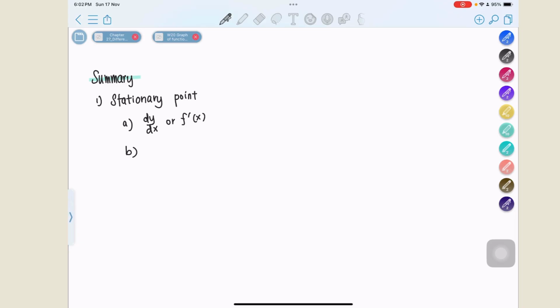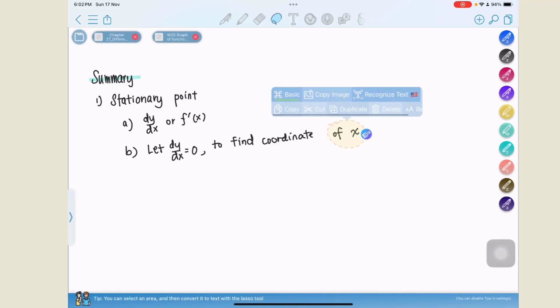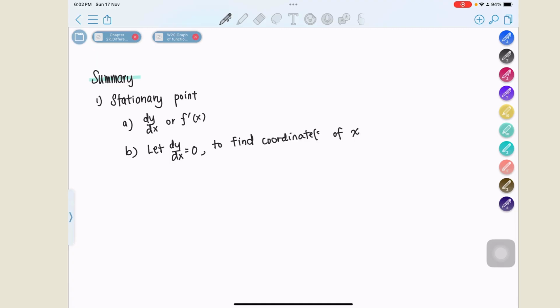Part 2, we have to let dy/dx equal 0. Why? To find the coordinate of x. It probably will be coordinates, it may have 2 x values.